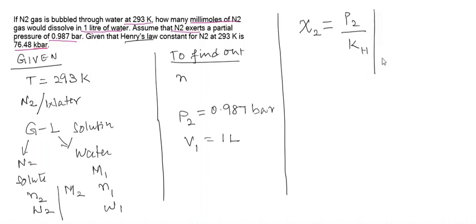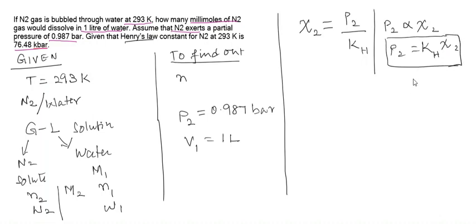This was obtained from P2 proportional to chi2. Therefore P2 is equal to the proportionality constant, that is Henry's constant, into chi2. So from this equation we have brought it. You should know the original equation, and this is Henry's law. According to Henry's law, this is the original equation.